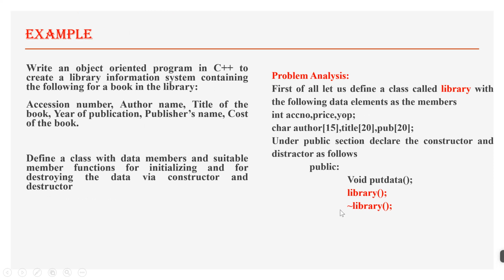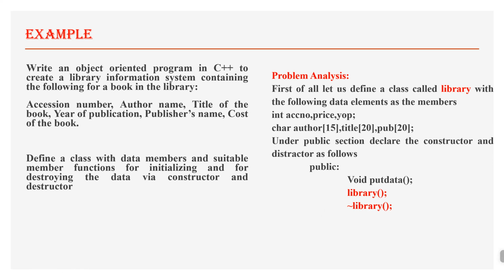And this is what is called a destructor. Please remember, a tilde character before the constructor name stands for destructor. A destructor will remove all the values which are initialized at the time of creating an object. A constructor will automatically load the values at the time of initialization, but the destructor will remove all those values.